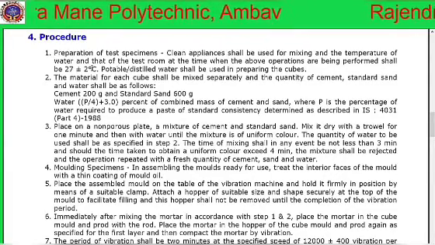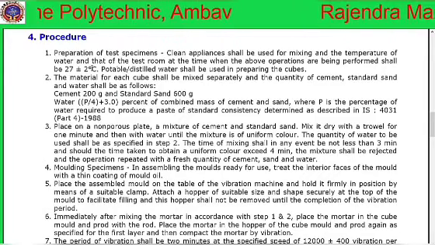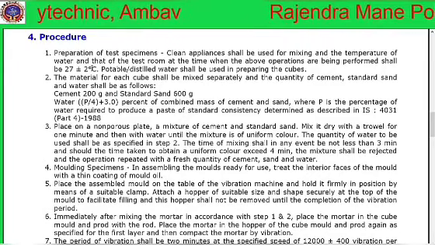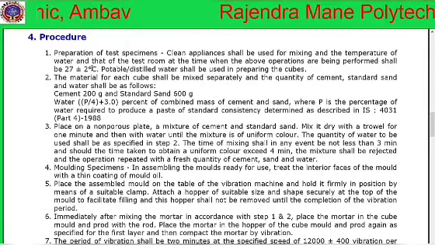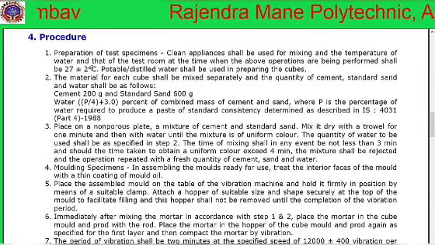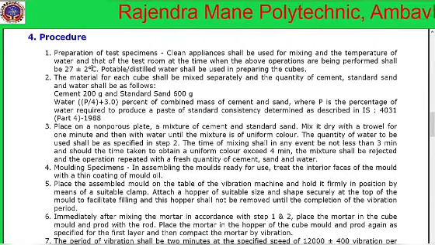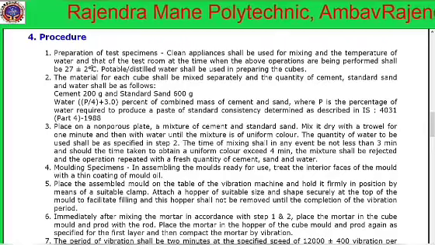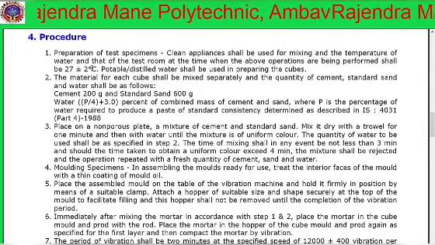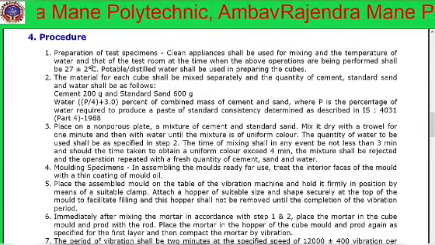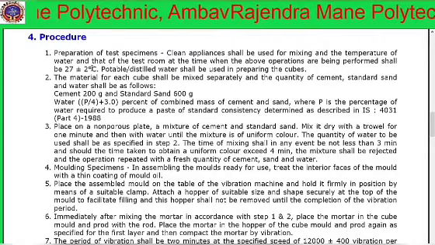Clean appliances shall be used for mixing, and the temperature of the water and that of the test room at the time when the above operations are being performed shall be 27 degrees centigrade. Potable or distilled water shall be used in preparing the cubes.